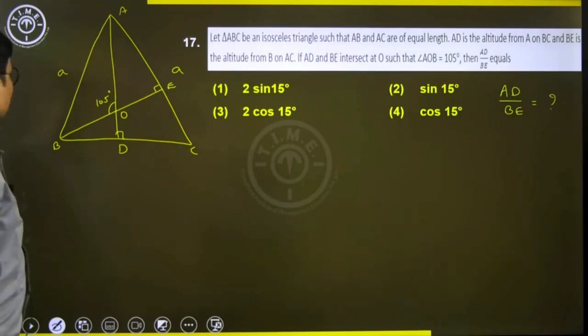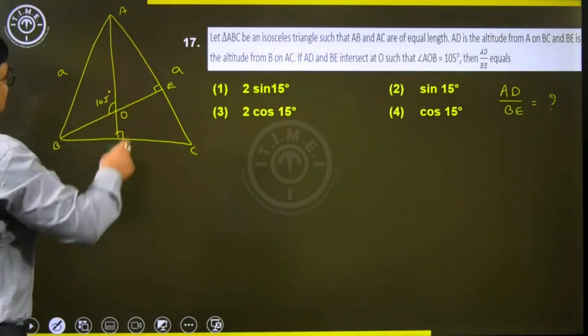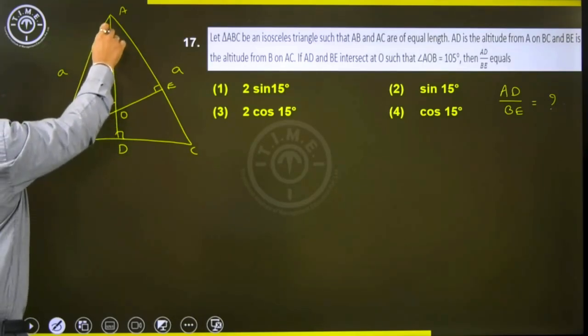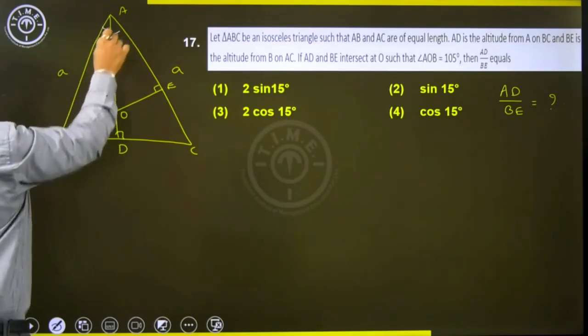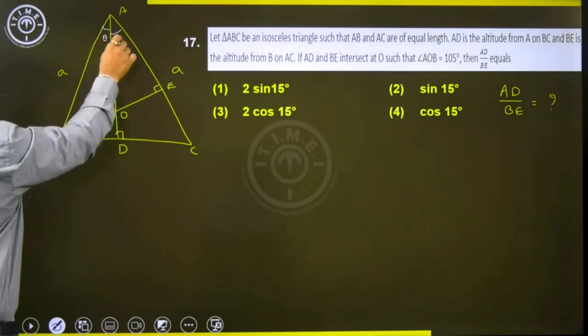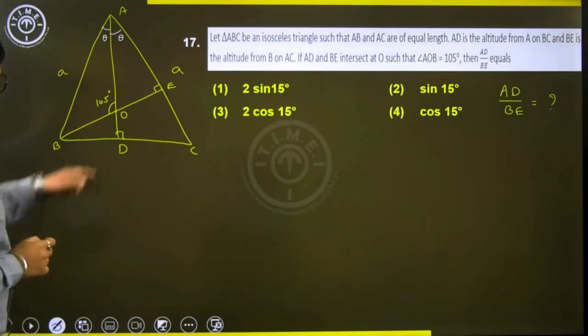Now, observe. Since it's an isosceles triangle, when you drop a perpendicular, it will also be the angle bisector. So these two angles will be equal. Suppose this is theta, this will also be theta. We know this is 105 degree.